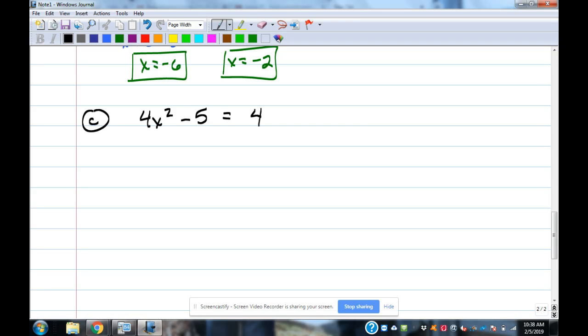This one technically has more than one way to solve it, and you probably know that other way, but let's practice factoring on this one. If you're thinking move the 5 and do square roots, that works, but I want to practice factoring here. So let's move the 4 and get it equal to what? 0, so that we can use factoring.